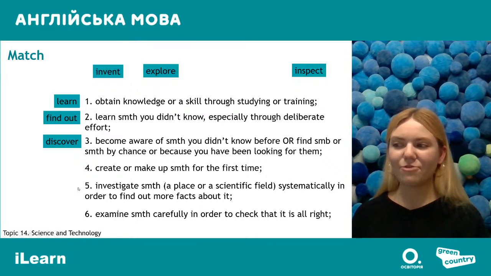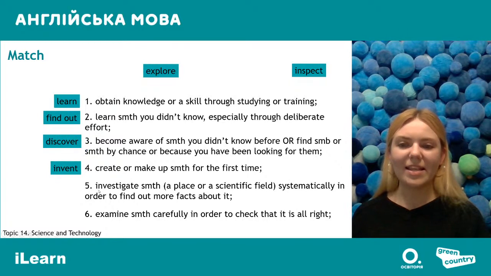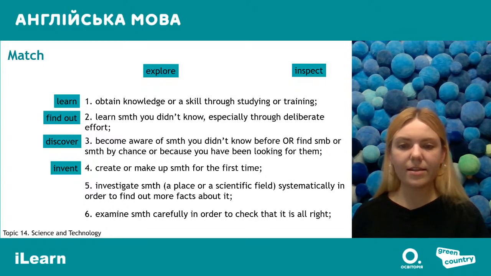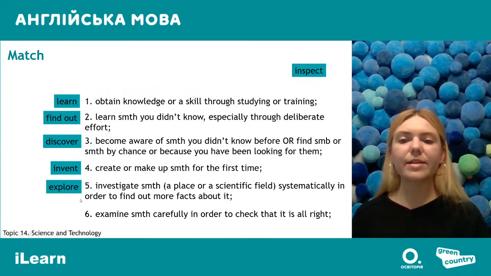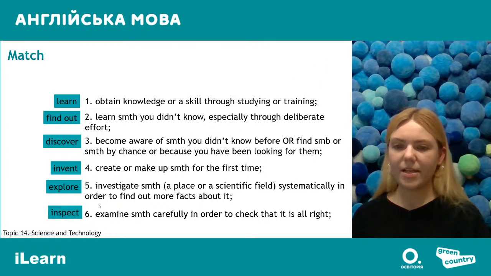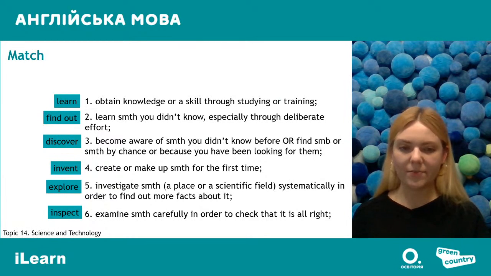So if it's about creating something new, that is invent, of course. Then 5. Investigate something, a place or a specific field, systematically in order to find out more facts about it. And that is explore. Досліджувати. And the last one, that is inspect. Inspect is a synonym to check or examine something. Перевірити щось.